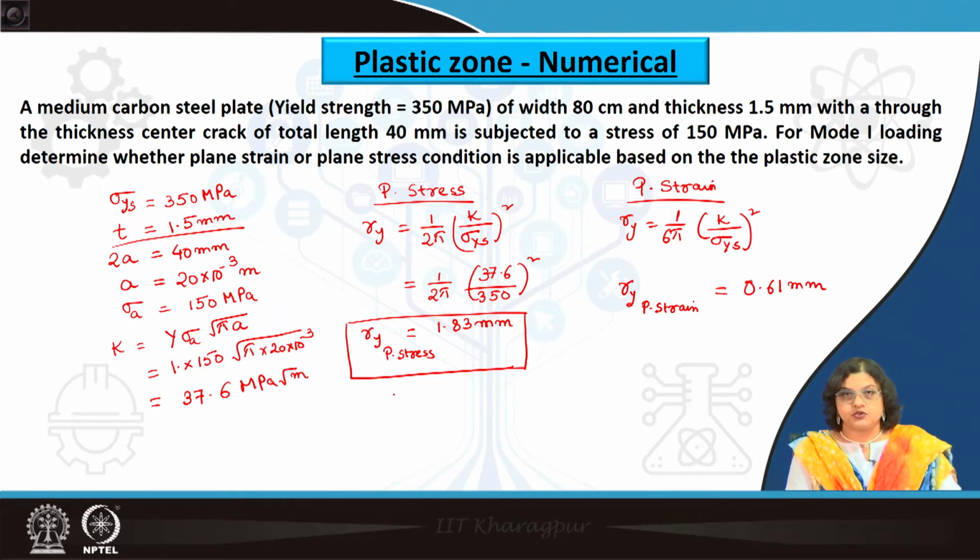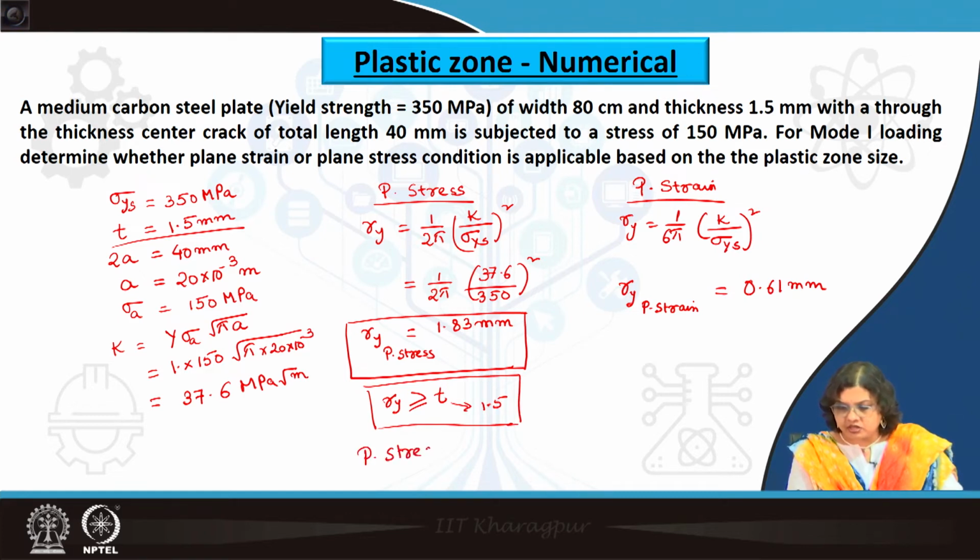We know that for plane stress condition we need to have this plastic zone size either greater than or equal to the thickness, and since in this case the thickness is 1.5 millimeter, this very well satisfies this criteria and then we can say that plane stress condition will be active. So, that is what we can figure out from this.